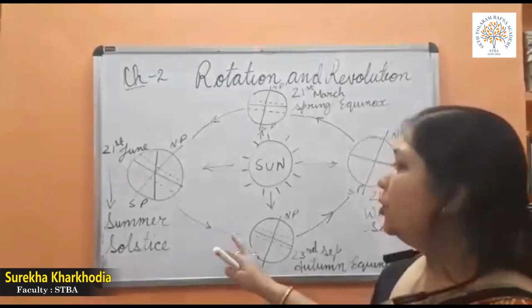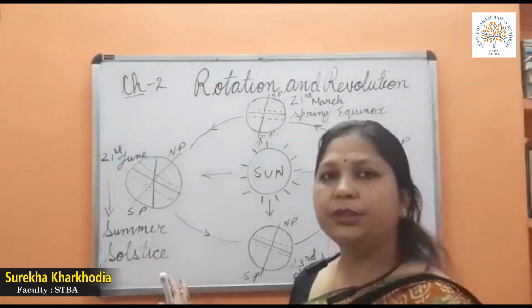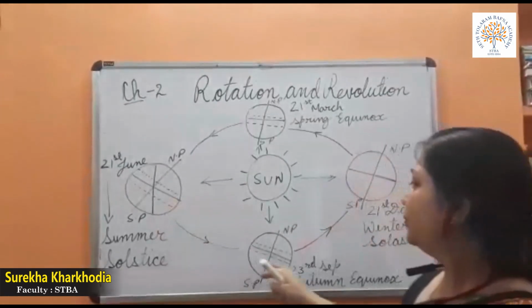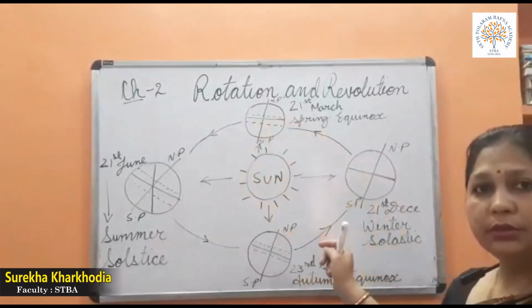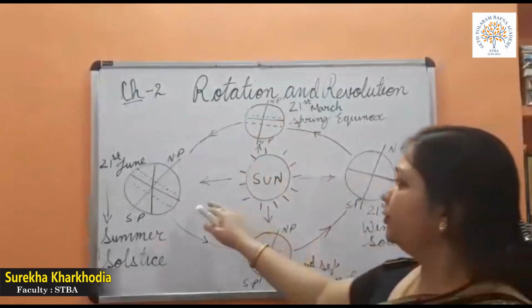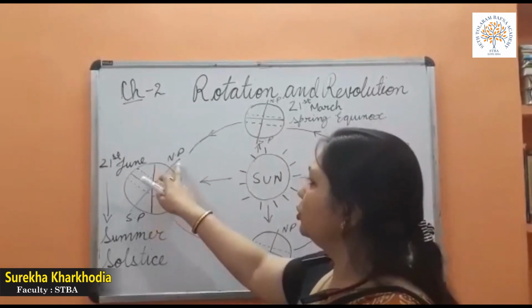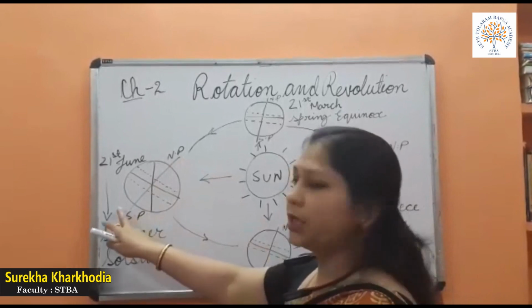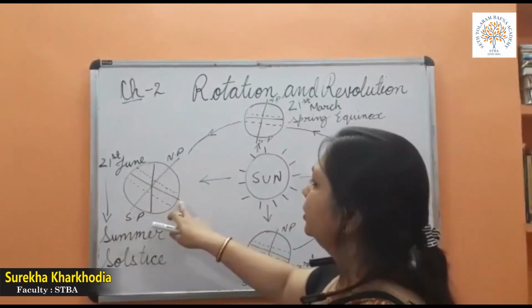Yes children, now let me explain through a diagram how seasons are caused. You can see the different positions of earth around the sun. So we will start with this. Here you can see that North Pole is near to the sun and South Pole is away from the sun, and equator is here.